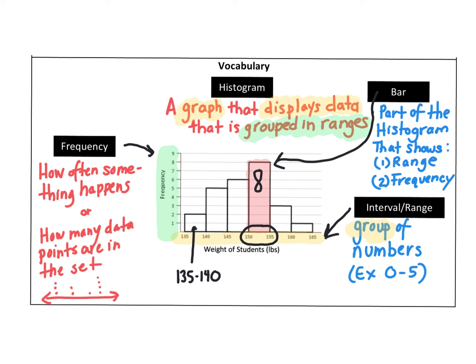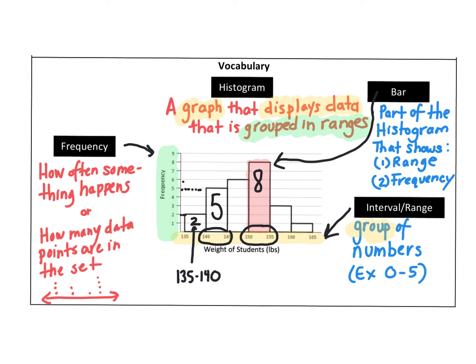You've already seen one example that I used earlier, but I'll give you another one. Okay, our frequency for students that weigh 100 to 145 pounds, that's 5 students. 5 students weigh between 100 and 145 pounds. Write that down. In this case, only 2 students weigh between 135 and 140 pounds. What about this one?